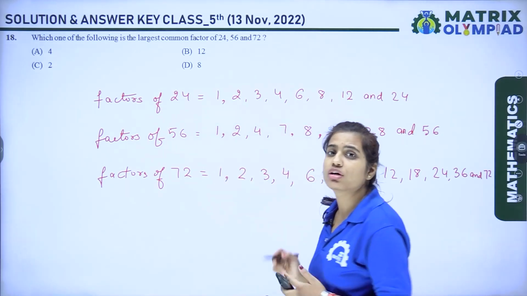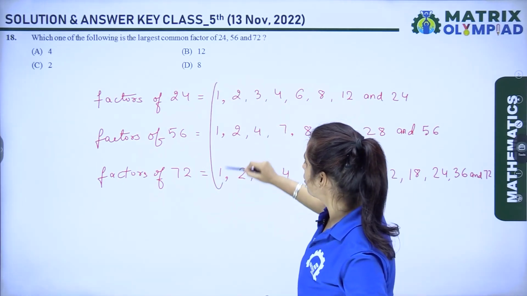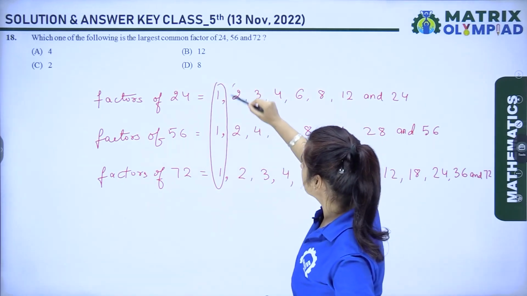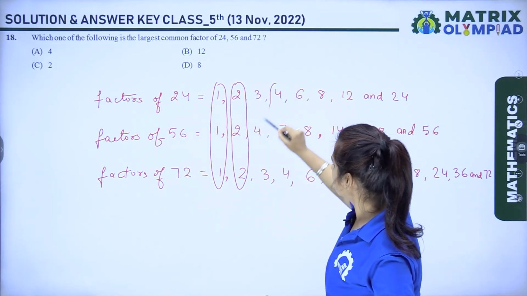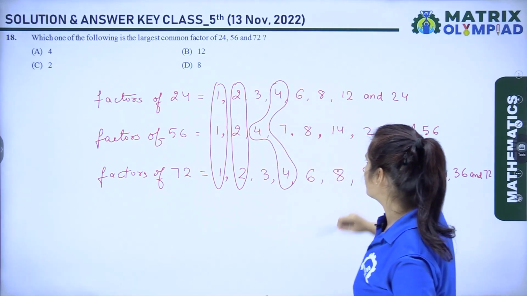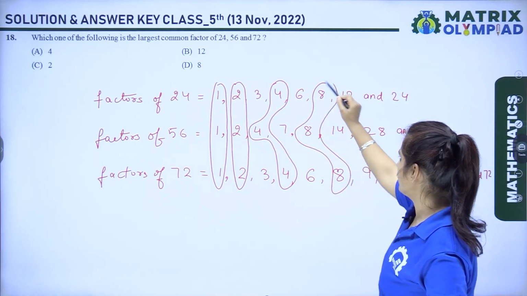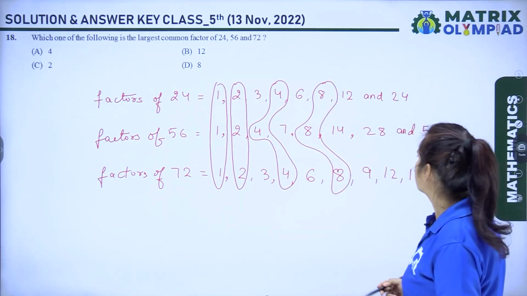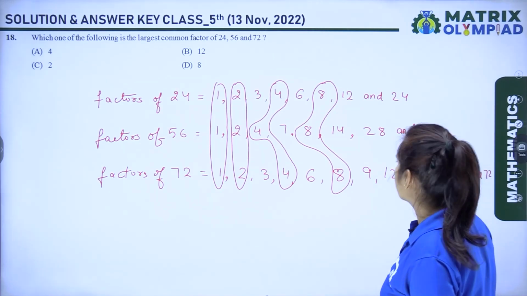Let's find out the common factors of these three numbers. So here 1 is the common factor, 2 is the common factor, 4 is the common factor, here 8 is the common factor. Now we have no common factor.